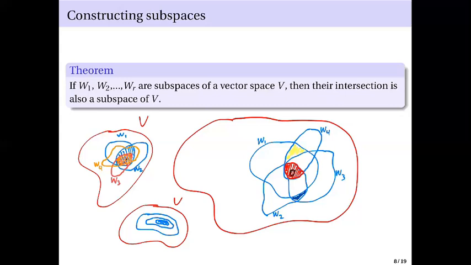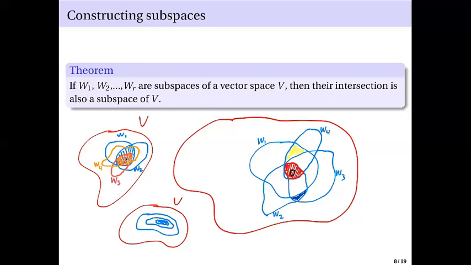I'm getting confused when you say it's a subspace within a subspace. It sounds like a subspace within a subspace. This one is, in fact, all the intersections are a subspace within other subspaces. This intersection is inside W1 also, inside W4 also, etc. Oh, okay.